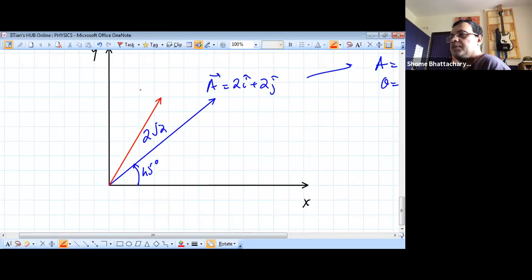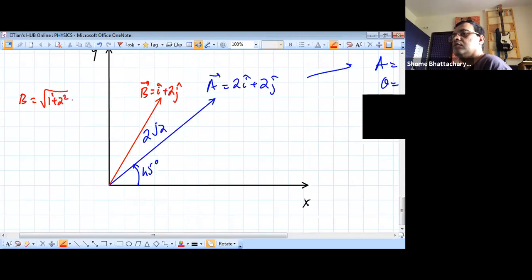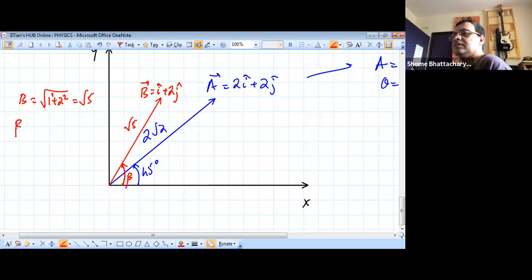For the vector B, which is i cap plus 2j cap, you can see that the magnitude of the vector B is root 5. But what about this angle? Now this angle is, let's say, some beta. So beta is how much? It is tan inverse 2.